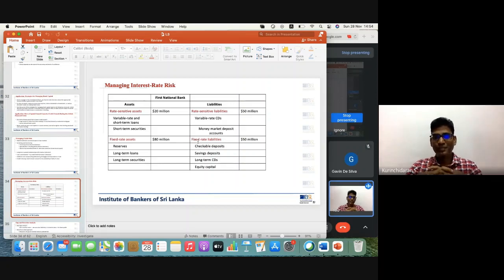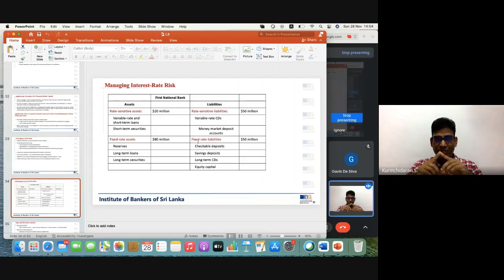Which one is better? Positive gap or negative gap? I hope you understand. You take interest rate sensitive assets, and from that you deduct interest rate sensitive liabilities, and then you get a net figure, the gap.